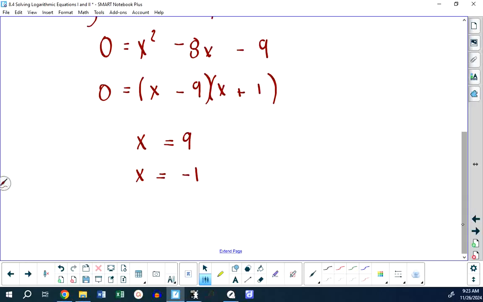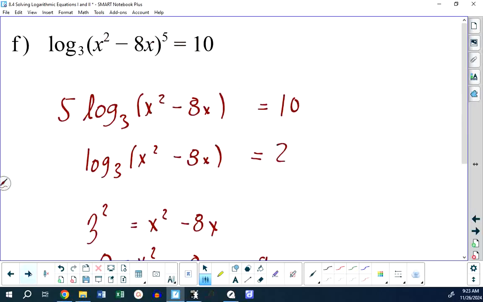Now, rather than talking about the domain for x, just put in 9 for x and see if the argument is positive. Okay? This is a little tricky because it's raised to a 5. The whole argument is containing the exponent of 5. But 5 is an odd number.